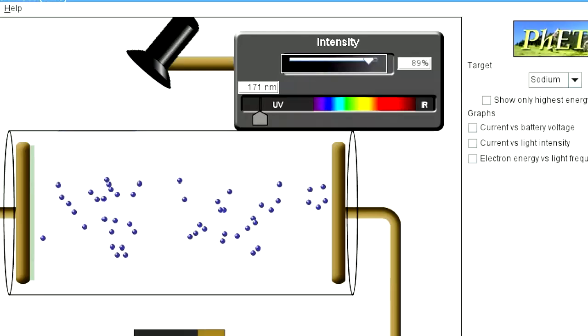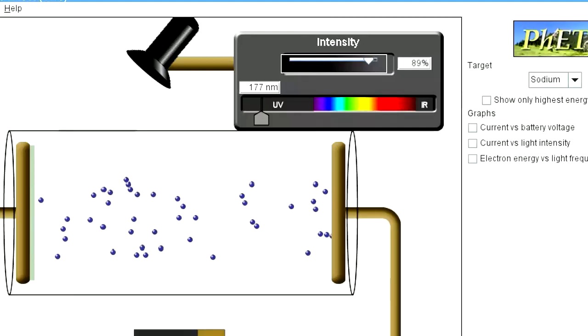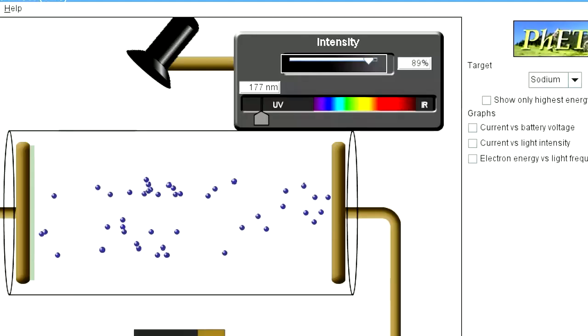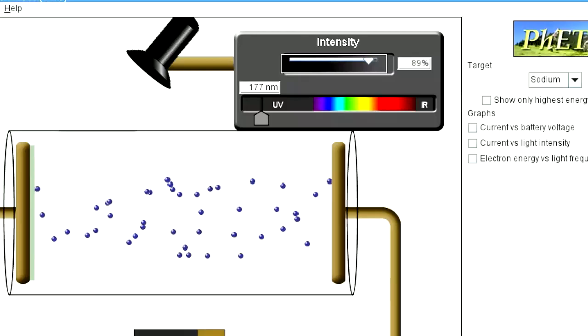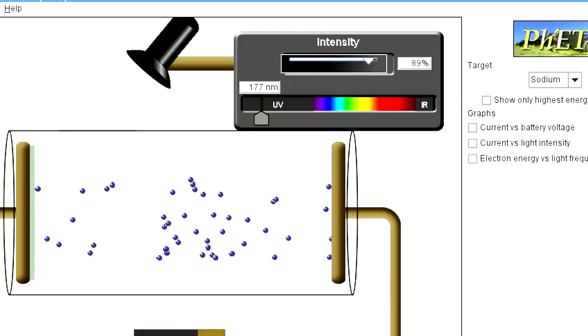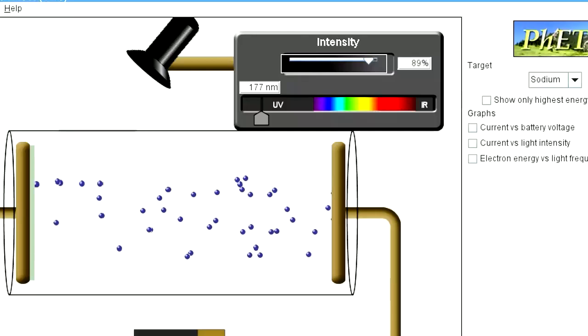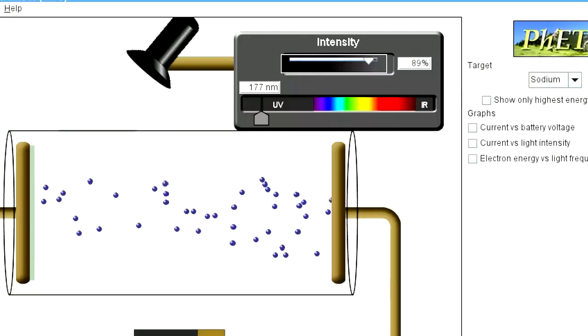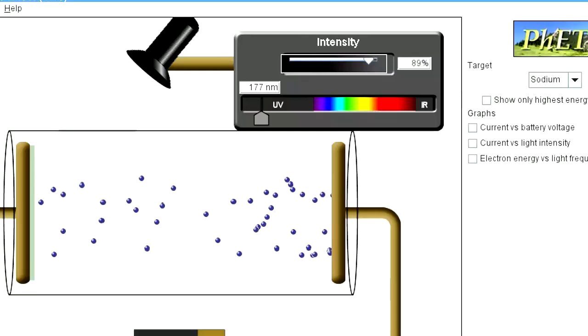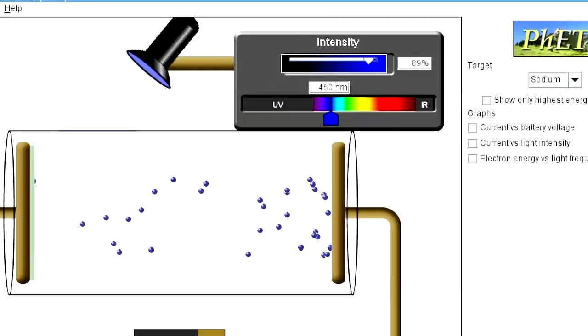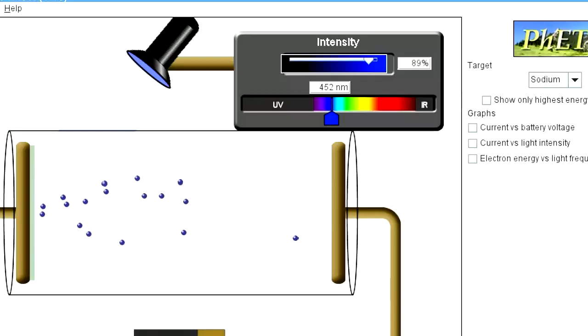We see that with very, very short wavelengths, the ejected electrons have a lot of kinetic energy, because the leftover energy from the photon goes towards increasing the kinetic energy of that ejected electron. So let's go back to a normal setting. Okay, that's a little bit more normal. Here we see that electrons are still being ejected because we're above the work function of this piece of metal.